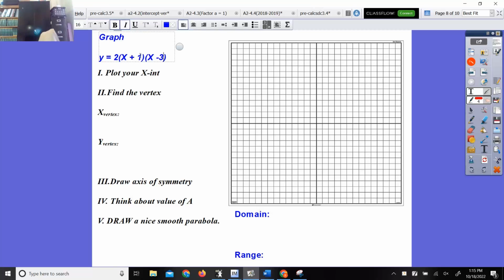There's a couple of different ways of showing you how to get your x-intercepts. First way is to line up your form. Form is a times x minus p times x minus q, and most of you can probably grasp it from that. If you line up with your form, it's just like we've been doing. What's one of the x-intercepts, p? Not 1.